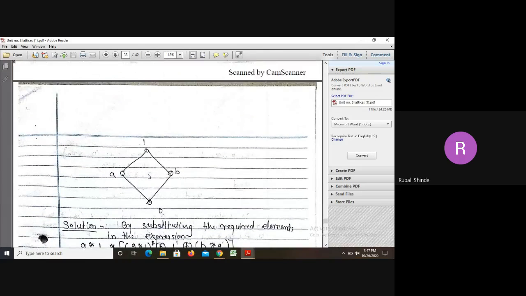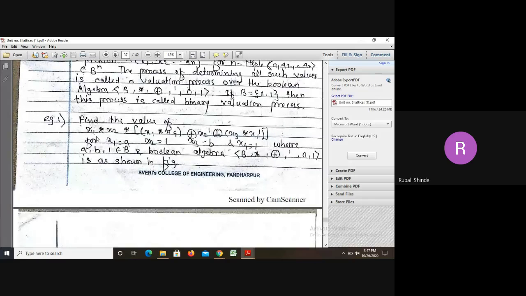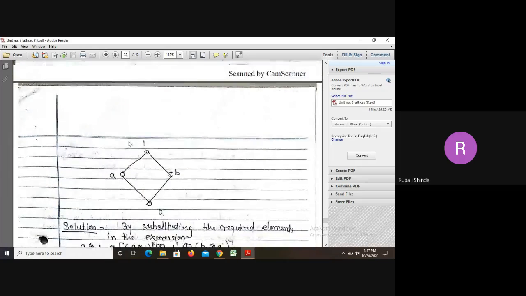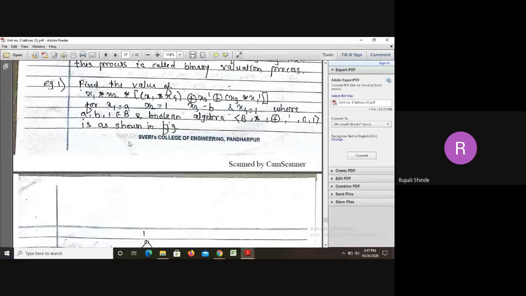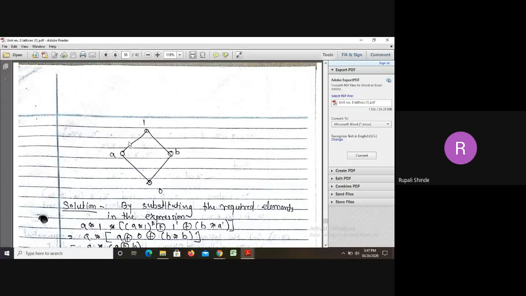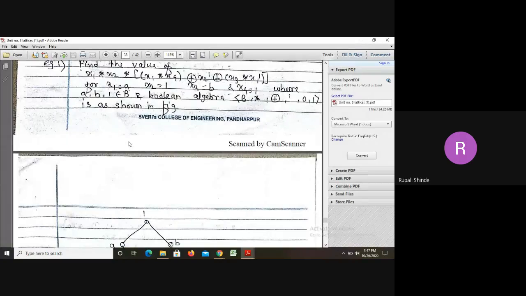First of all, we will see how we can solve this. Given expression is this one. For x1, we can substitute A because they have given x1 is equal to A. Value of x2 is 1, so A star 1. Next is star x1 star x4, which means A star 1, because value of x1 is A and value of x4 is 1.